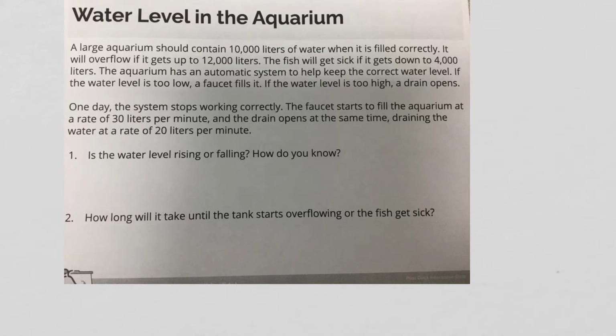Is the water level rising or falling, and how do you know? So the faucet is filling up the aquarium at a rate of 30 liters per minute. So that's positive 30. The drain opens, draining the water at a rate of 20 liters per minute.